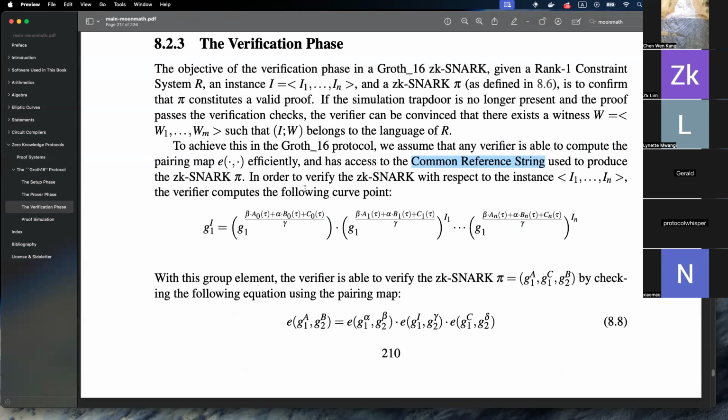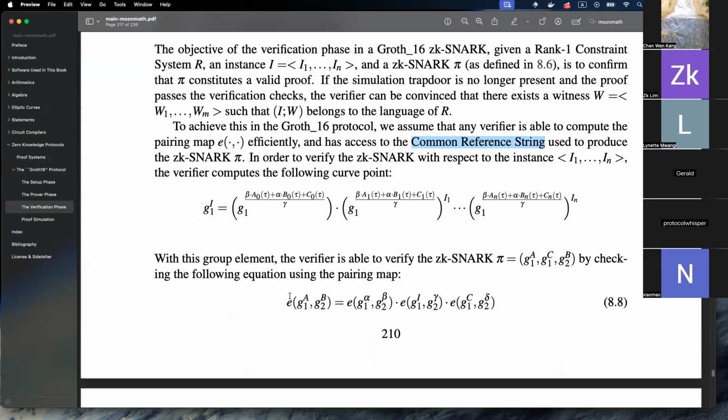To verify, it checks pairings. It just does a pairing check, and this is efficient. It's usually very efficient. That's why people use ZK proofs: when you generate a proof, you can verify it everywhere. It's very cheap to verify. You can use it for compression purposes when you send messages, to a certain extent.